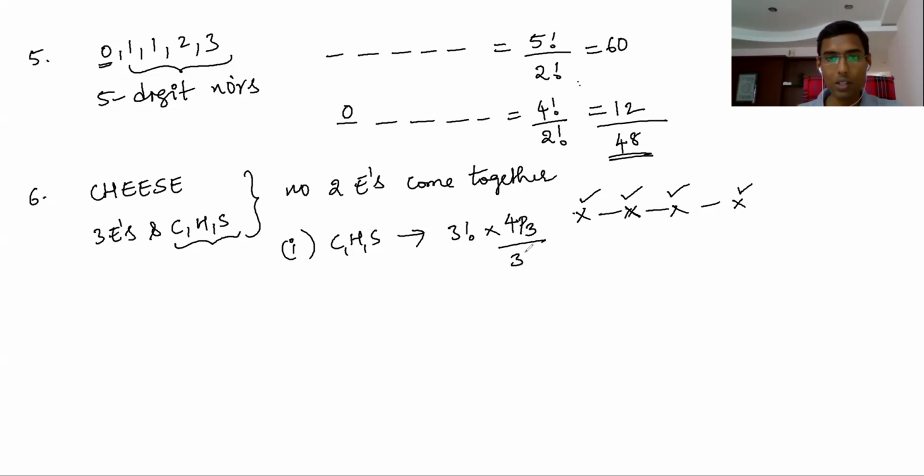Therefore, you have to divide by 3 factorial because similar objects are there. So the 3 factorial cancels, and 4P3 is 4 factorial by (4 minus 3) factorial. So 4 factorial permutations you get wherein no two E's come together.